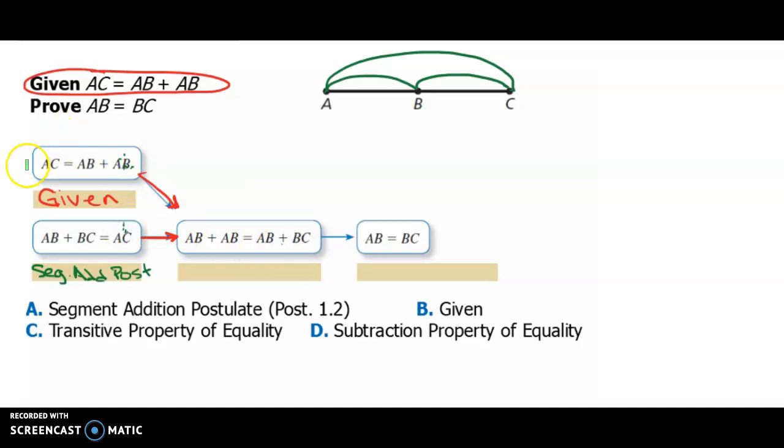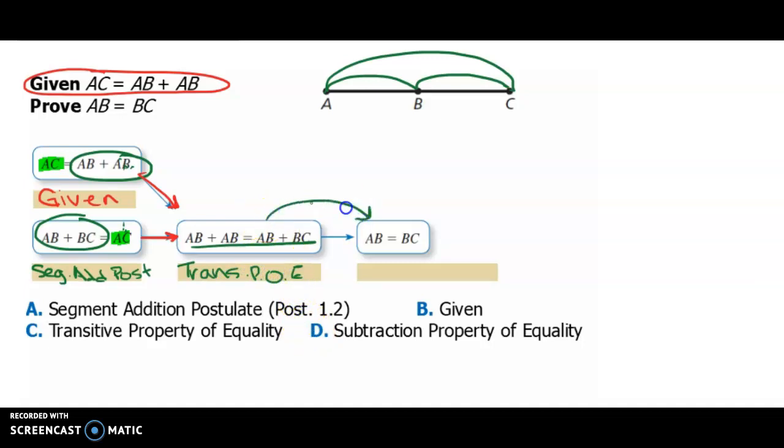Well, notice, guys, this is congruent to AC and this is congruent to AC. So two things that are equal to the same thing are equal to each other. So we can then write this equals this. So this is the transitive property of equality.